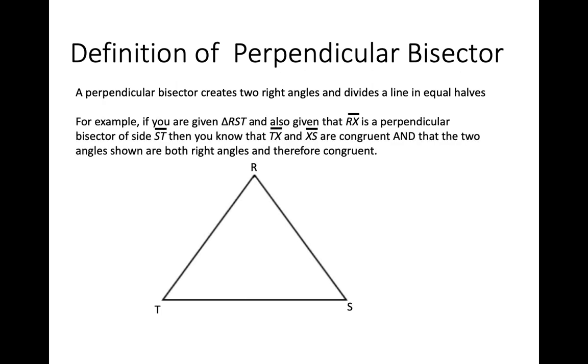For example, in the diagram below, if you're given triangle RST and also given that line segment RX is a perpendicular bisector of side ST, then you know that line segments TX and XS are congruent, and that the two angles shown below are both right angles and therefore congruent. If you're able to use this theorem, then you can get both a side and an angle out of it for your effort to prove one of the four methods of congruence.